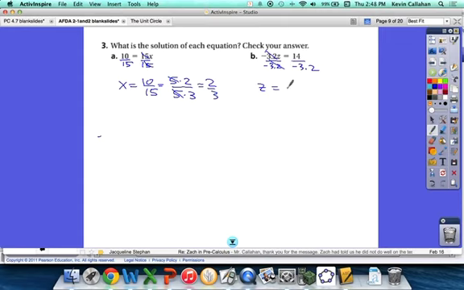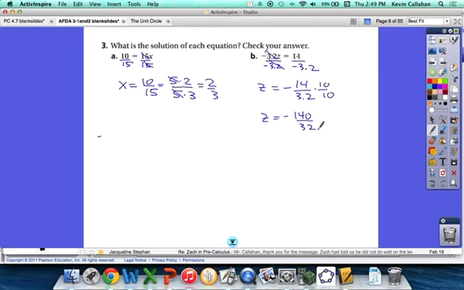The fact that we're not using calculators in this class makes this a little different. But one thing we could do is multiply the top and the bottom by 10. Then we would get negative 140 over 32. And then from there, you could try to simplify by dividing out common factors.